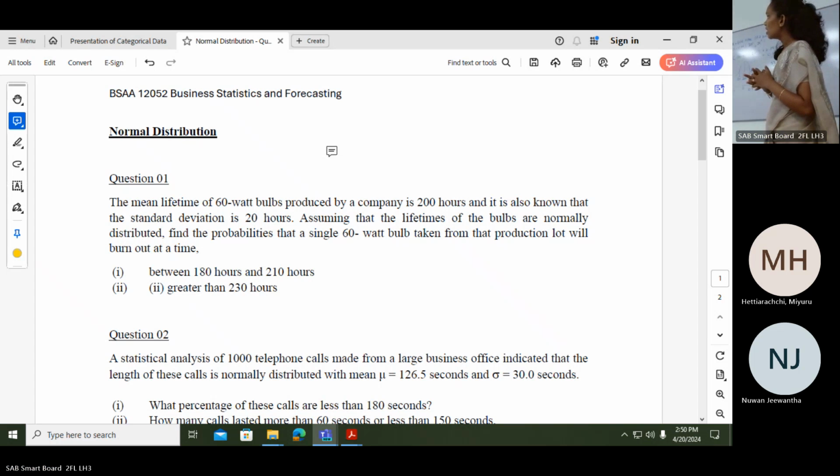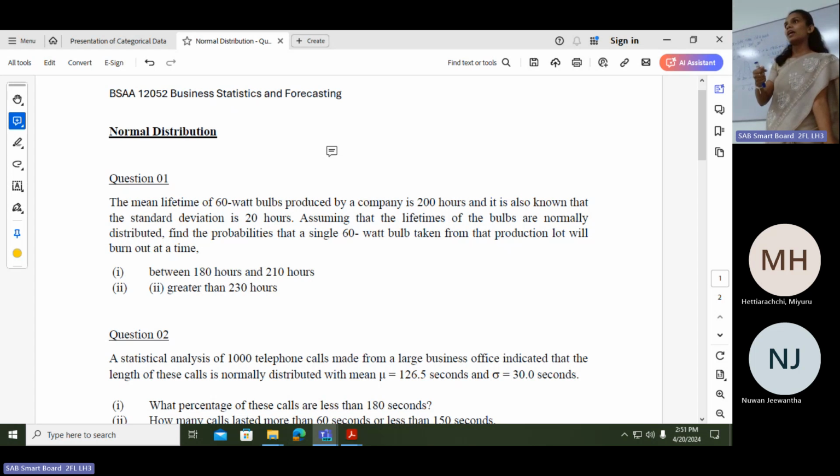Then the question asks, calculate how many bulbs will burn out in this time range. This probability value is the chance for one bulb. To get how many bulbs will burn out between 180 and 210, take this probability value multiplied by the total number of bulbs in our production lot.